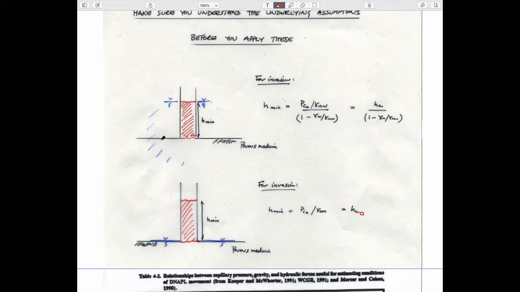If you raise the water table up to the same height on the outside of the barrel as the level of the oil that sits in the barrel, then this will only invade when it overcomes this minimum height, which is this. And the reason for this is that outside here there's air, and outside here there's water.